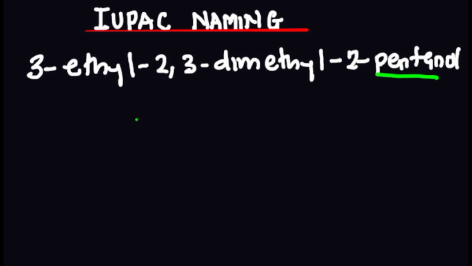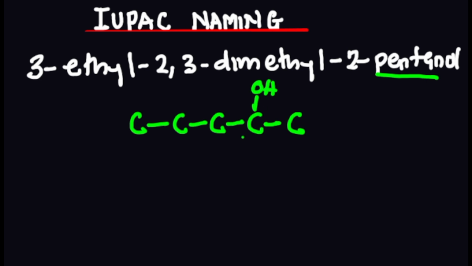Let's go ahead and draw 2-pentanol. Pent simply means 5 carbon atoms, 1, 2, 3, 4, 5. Then for 2-pentanol, we are going to have OH on carbon number 2. We are having 3-ethyl, so on carbon number 3 we are going to have an ethyl group, which is C2H5. Then on carbon number 2, we are going to have another group.